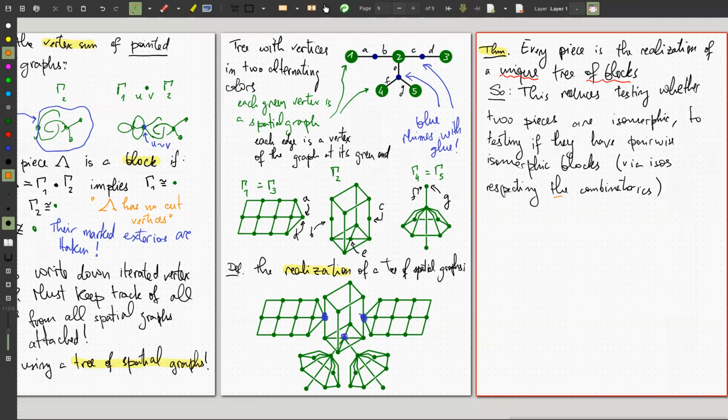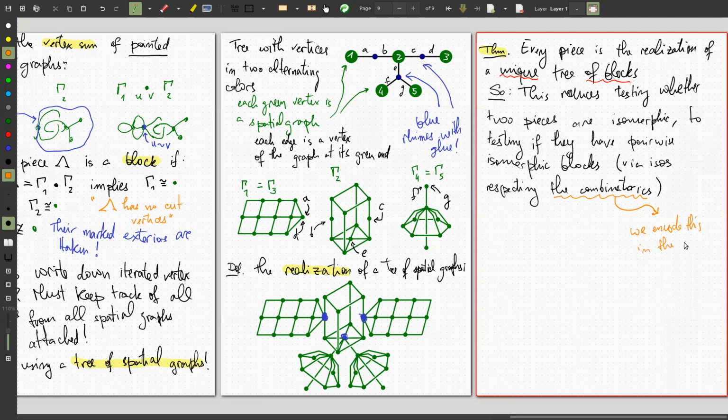I'm being a bit vague with the combinatorics, but hopefully you realize that it's not enough that the blocks are isomorphic. You have to ensure that the blocks also attach correctly and send vertices correctly so that you can reassemble them. I don't want to explain how we do this, or maybe we can do it later during the questions. But I'll just say that we encode these combinatorics into the marking, like we soup up our marking, so to say, or in the boundary pattern.